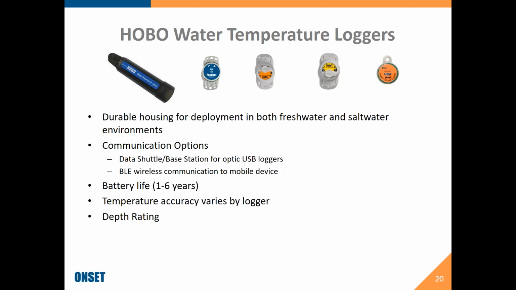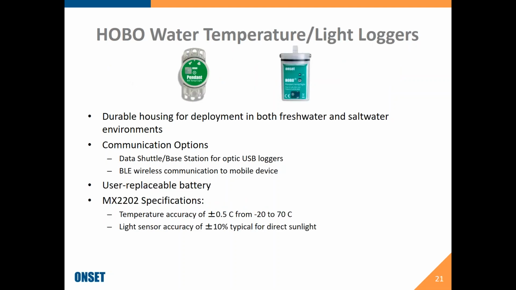Another thing to take into consideration is how accurate you need these to be. Although all of our data loggers are very accurate, the higher accuracy typically means a higher price. So that's something you certainly want to take into consideration.